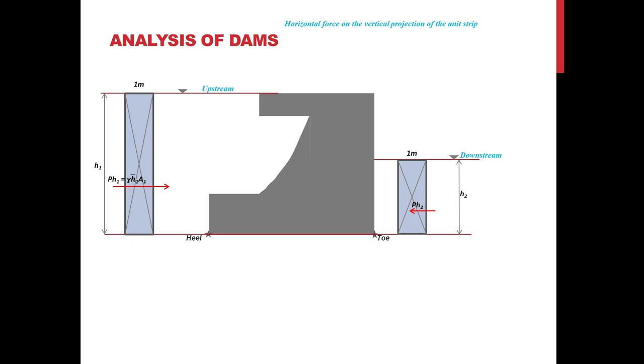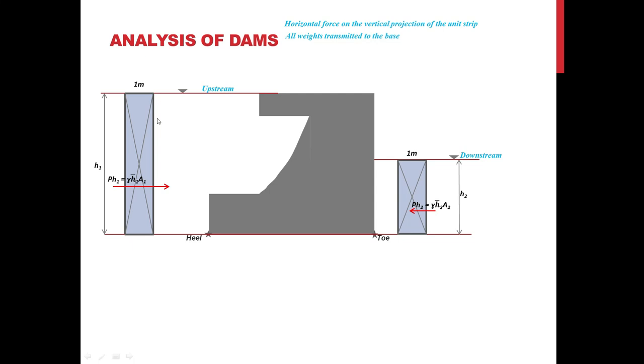So let us say that this is the horizontal component of the hydrostatic force along the downstream, PH2. Now PH2 is denoted by gamma H2 bar, area of 2. So area of 2 is considered as the rectangle. And that rectangle is 1 meter strip as mentioned a while ago.